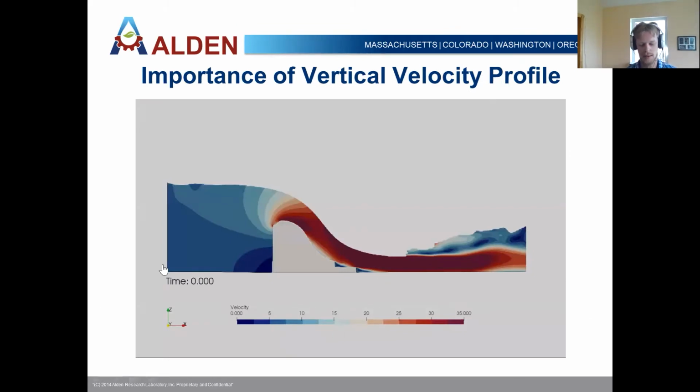Here's a quick animation showing vertical velocity, and then we'll dive into it a little more. Here's an example of a spillway where you have flow going from left to right, and it accelerates as it goes down, and you can see you have this resulting hydraulic jump. And it's very turbulent and chaotic, and there's a lot going on there.